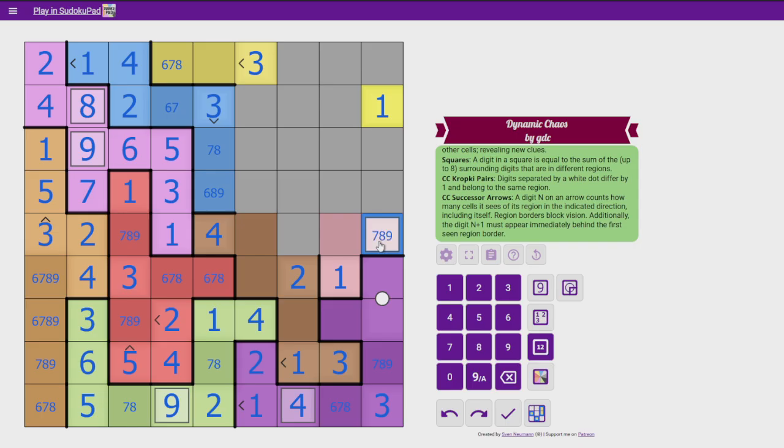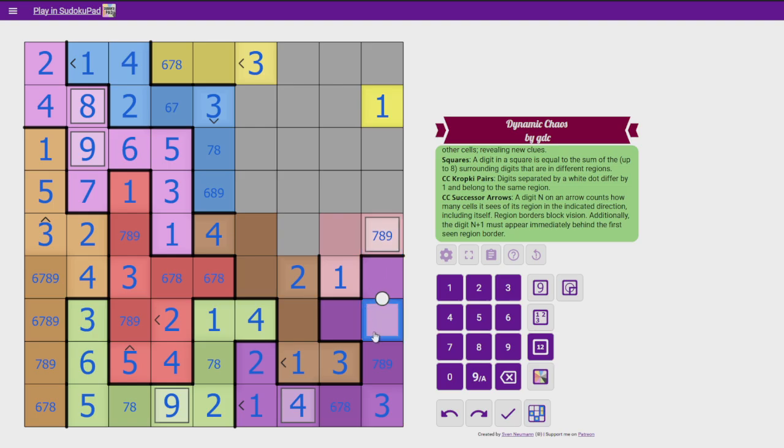So this is at least a 7, I think. So 5 and 6 must go in here somewhere. Don't know. Because this could be a 5 here, and then a 2 here. Or a 2 here, and then tan escapes through there. Yeah, that would work. So this is from 7, 8, 9. I'm pretty sure of that.